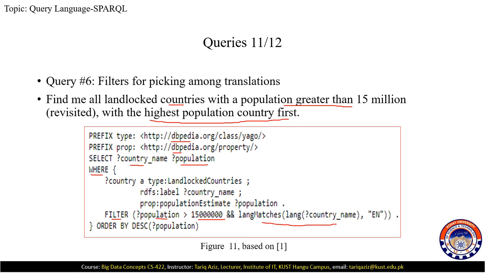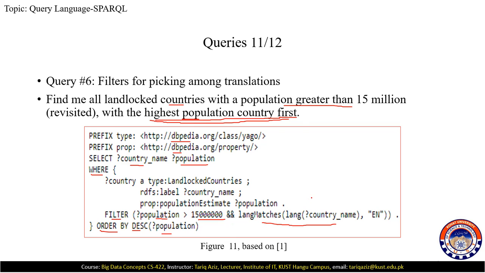This is for the highest population country first. I want to retrieve those countries with the highest population first, and I want to get rid of the duplicate entries, so order by, and then descending population.